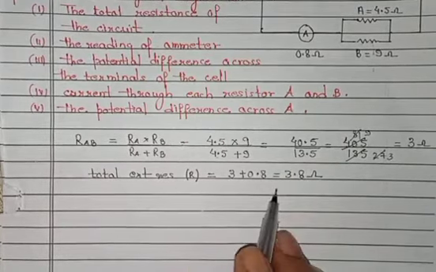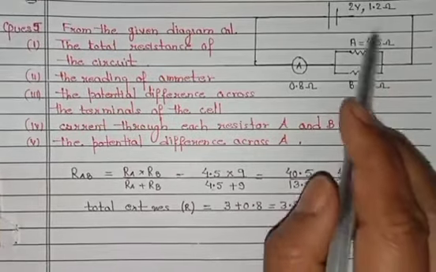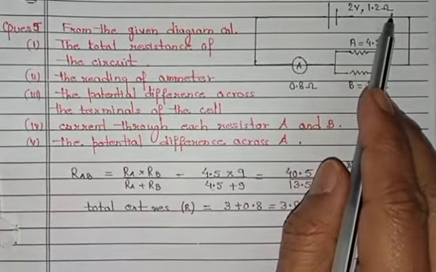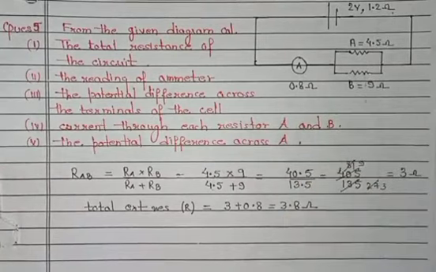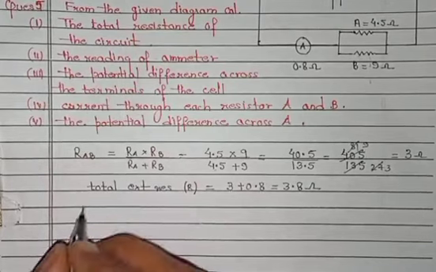Now to this external resistance, if we add the internal resistance, which is 1.2, we will get the total resistance of the circuit.